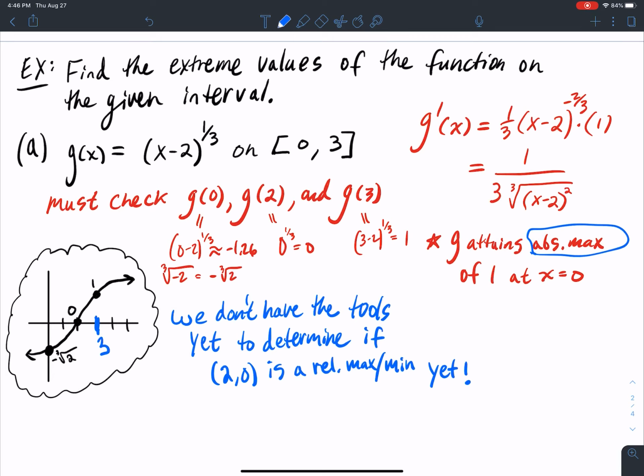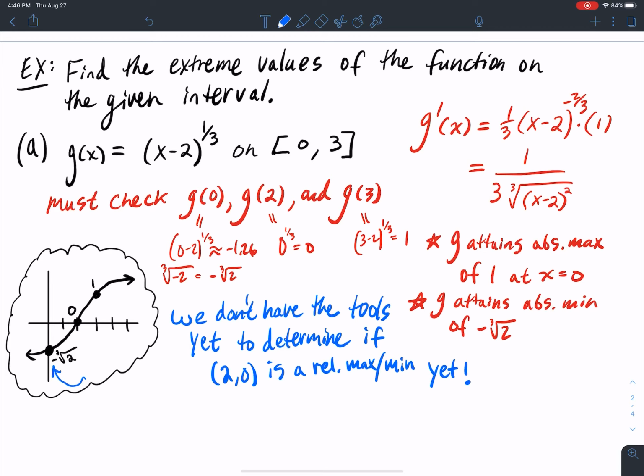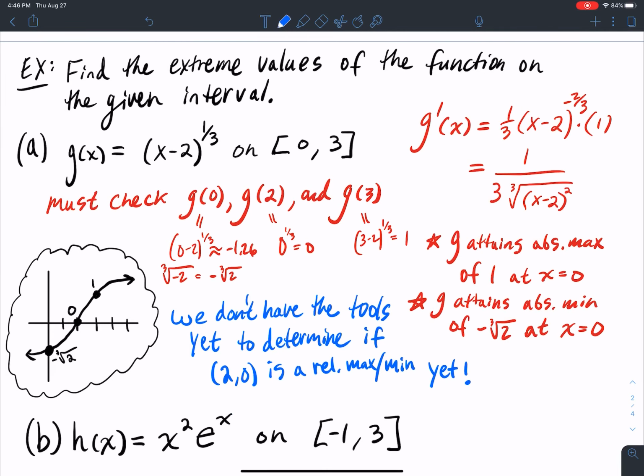Okay, so this should be 3 here, because at 3 there's an absolute max of 1, and then it attains an absolute minimum value at x equal to 0 here. Okay, so at x equal to 0 is where it's the absolute minimum value of negative cube root of 2. Okay, sorry about that little typo there.